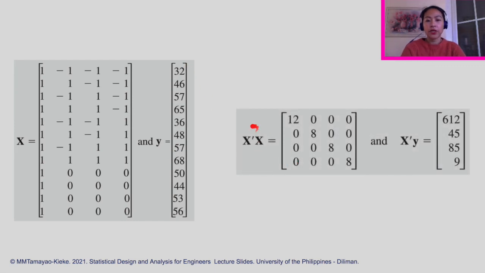Again, we have to get X prime X and then X prime y. So this is our X prime X and this is our X prime y. Now, you can see here that this is a diagonal matrix, and this indicates that the design is orthogonal.